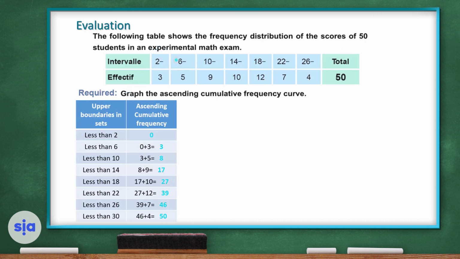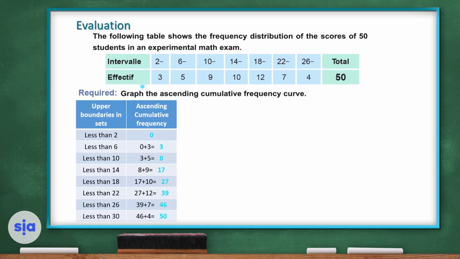Less than 2, less than 6, less than 8, less than 14, less than 18, less than 22, less than 26, and as long as we're going by adding 4, so we write the last one less than 30, because what's more than the 26 will reach the 30.